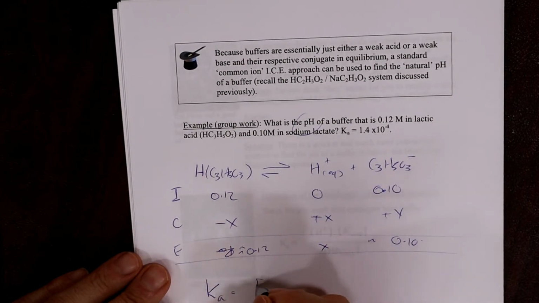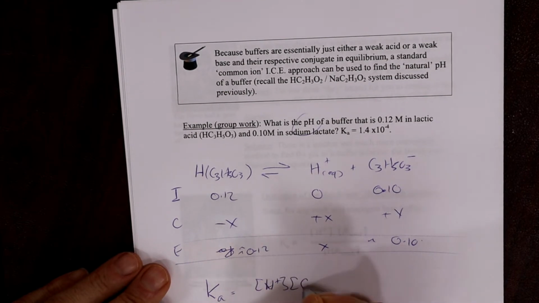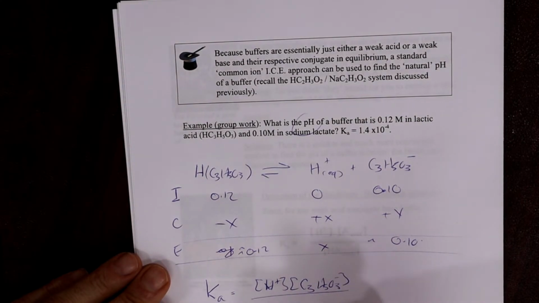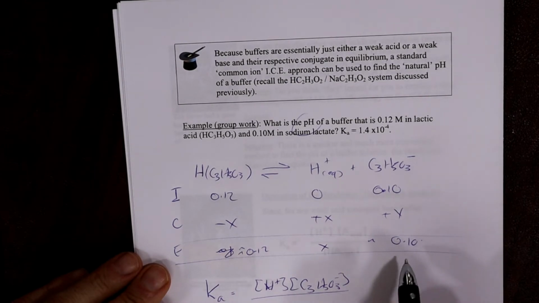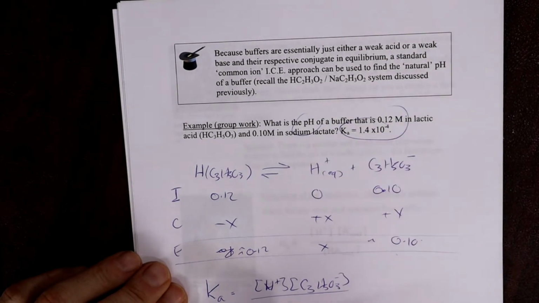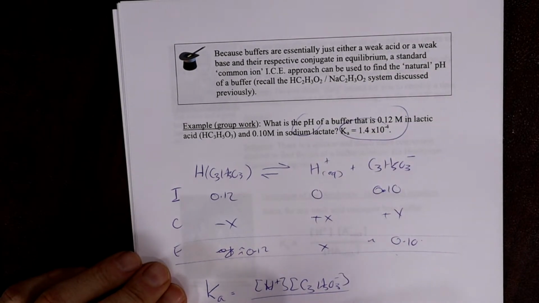So Ka is H plus times the other product, which equals X times 0.1 over 0.12. Ka is of course given, 1.4 times 10 to the minus 4.